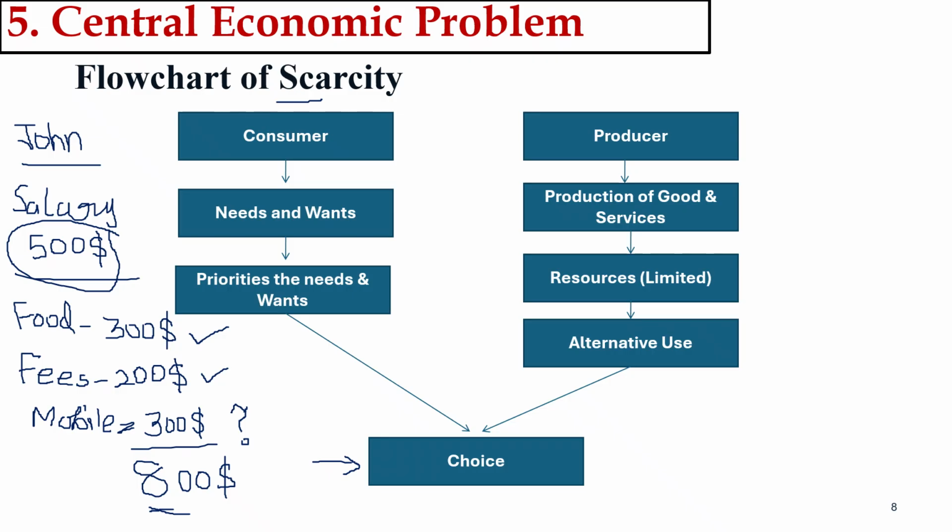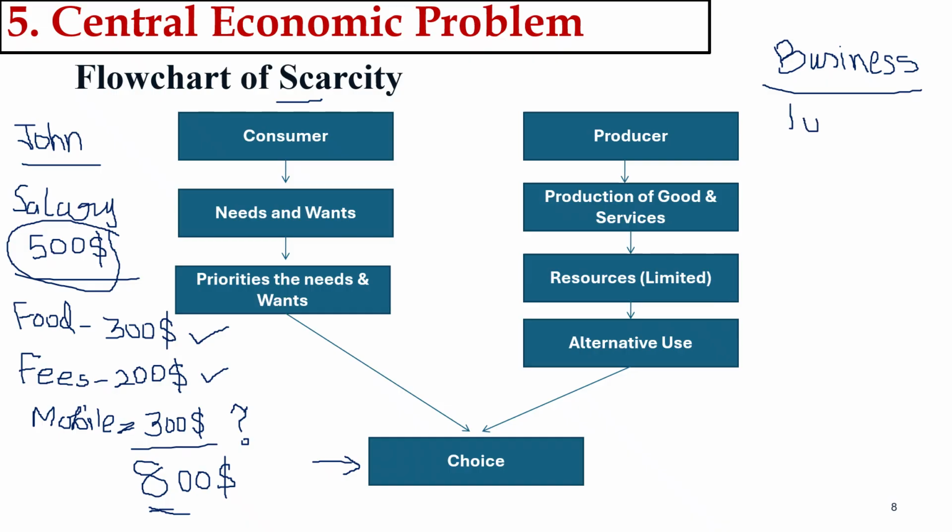The second one, here we will take example of a producer. There is one company, a person who is having a business. So this is a business of making furniture. So here it is a business. They are making furniture. I'll give you a very simple example. There is one worker.